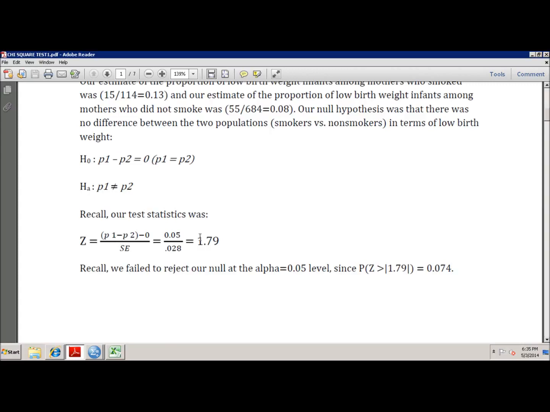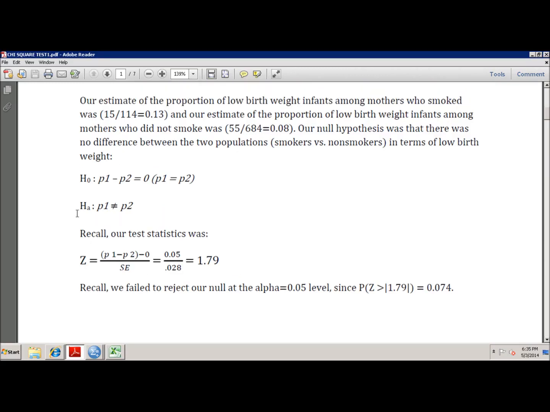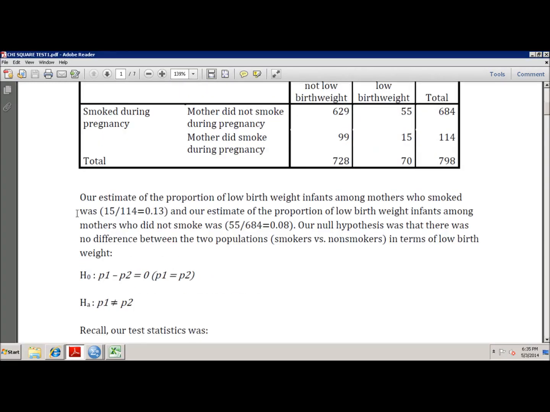If you go back to the lab, the z-value was 1.79, and the p for that was 0.074, which is higher than our alpha of 0.05, so we failed to reject the null, meaning that we cannot conclude these two population proportions are different. So this is our alternative, and this is our null, and we failed to reject the null.